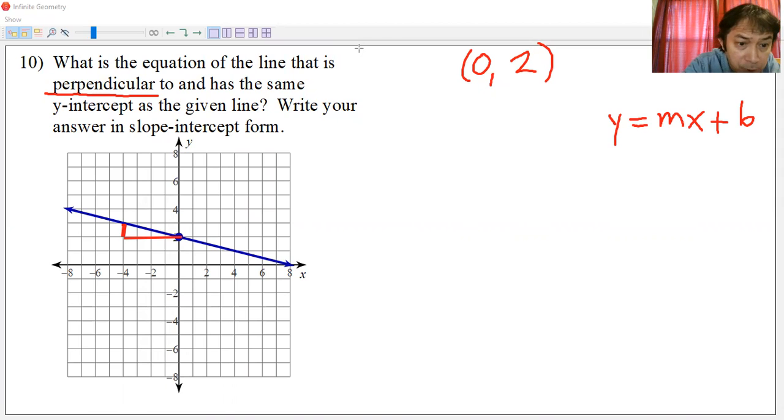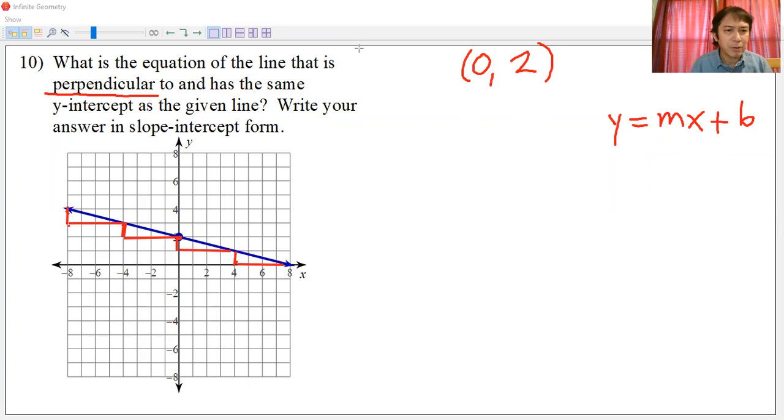You can always draw another triangle over here. That's 1, and then 4 units there. 1, 4. 1, and then 4.